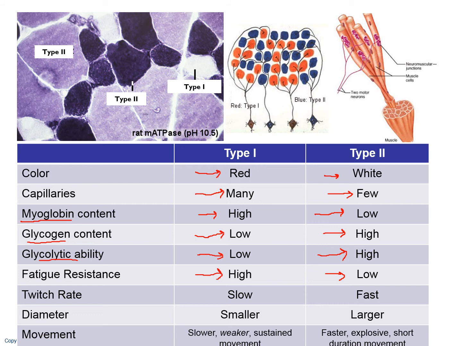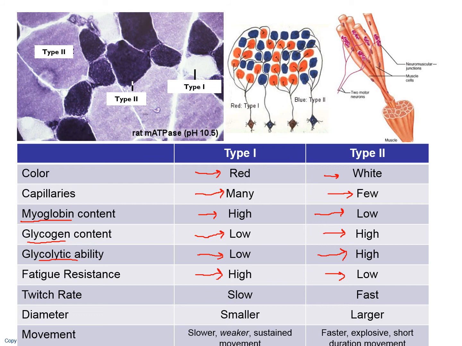Twitch rate refers to how quickly the cells can contract. If you think about what you saw on the last slide, aerobic cellular respiration is a long process. It has three metabolic pathways, and all of them have at least 10 steps. So it takes a long time to make that ATP.